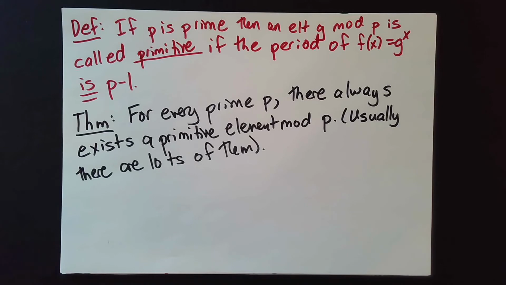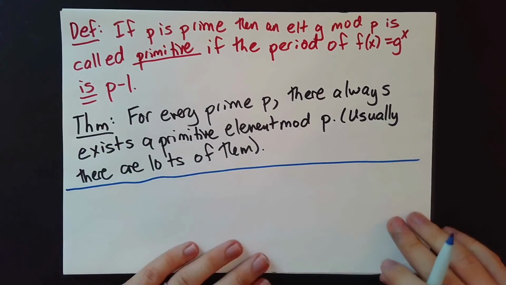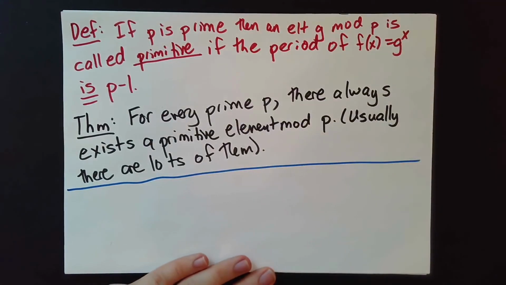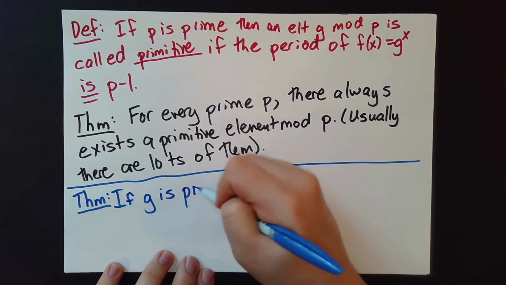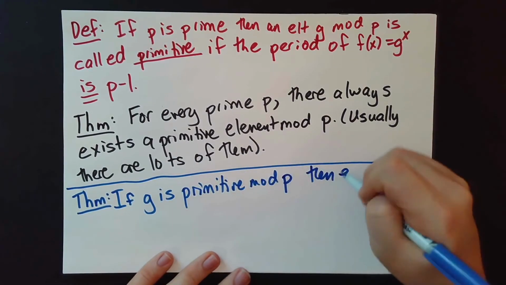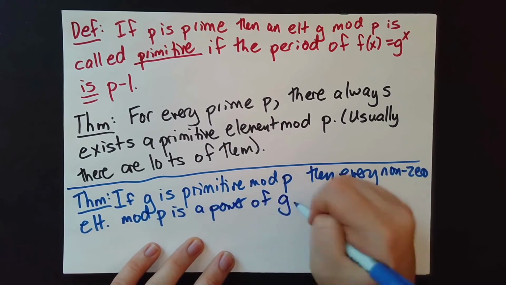So you might ask, why do I care about there being a primitive element? And it turns out there are lots of reasons, but one reason that's especially nice is that if there's a primitive element, every non-zero element, modulo p, is equivalent to a power of that primitive element.